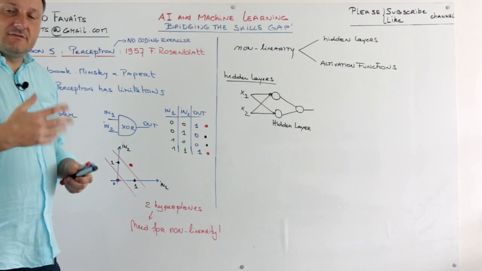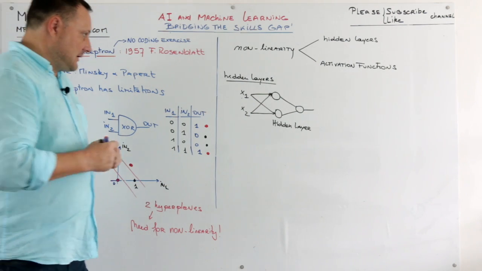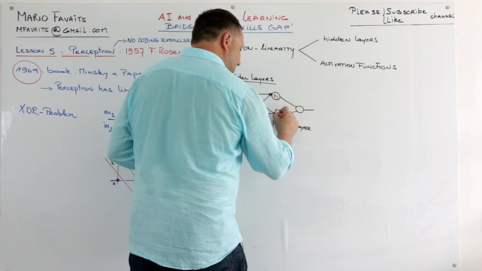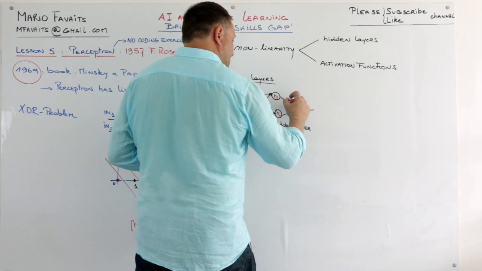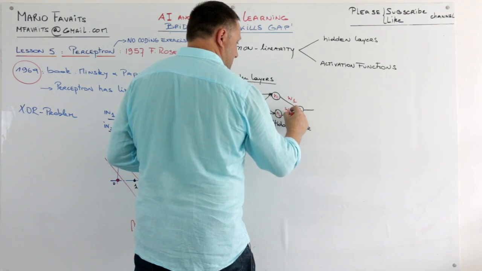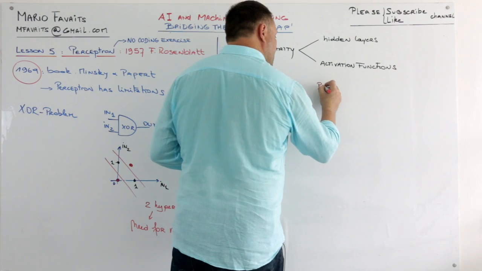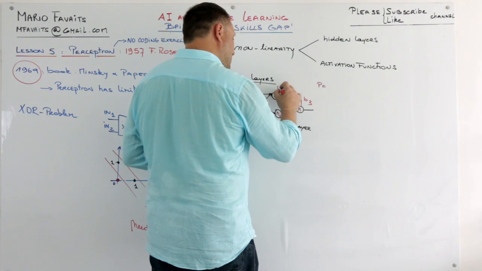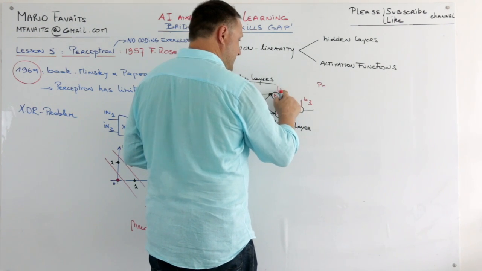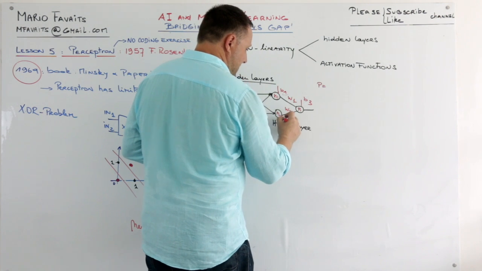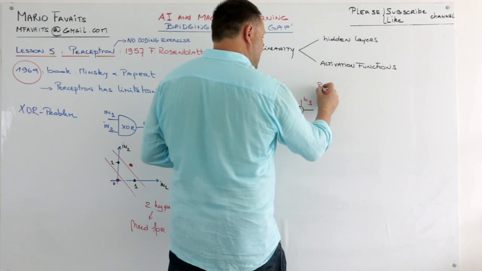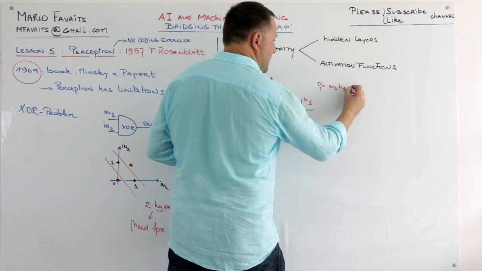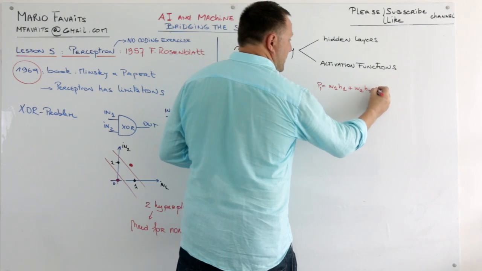But the hidden layer by itself does not give you the non-linearity. If we call these H1 and H2, and this P1, with W1 and W2, there is still a bias term B3 here, a bias term B1 here, and a bias term B2 here. So P1 equals W1 H1 plus W2 H2 plus B3.